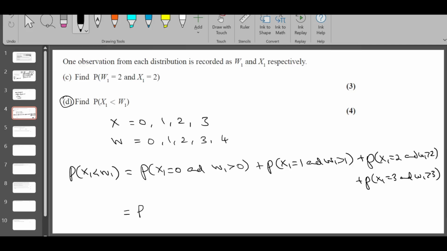We can write this as P of X1 is 0 times P of W1 is greater than 0, which is 1 minus P of W1 is less than or equal to 0, right?